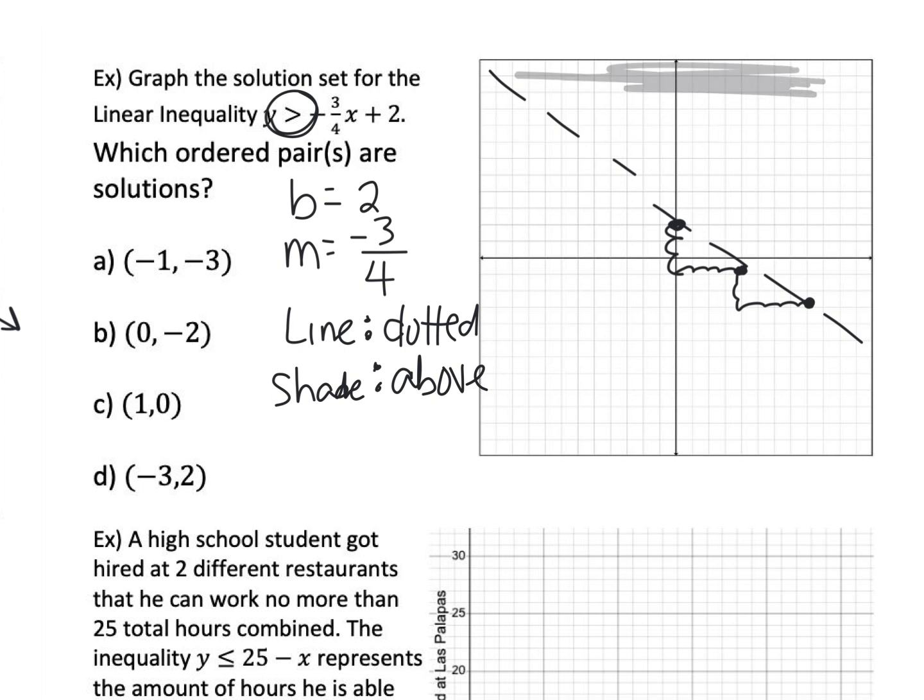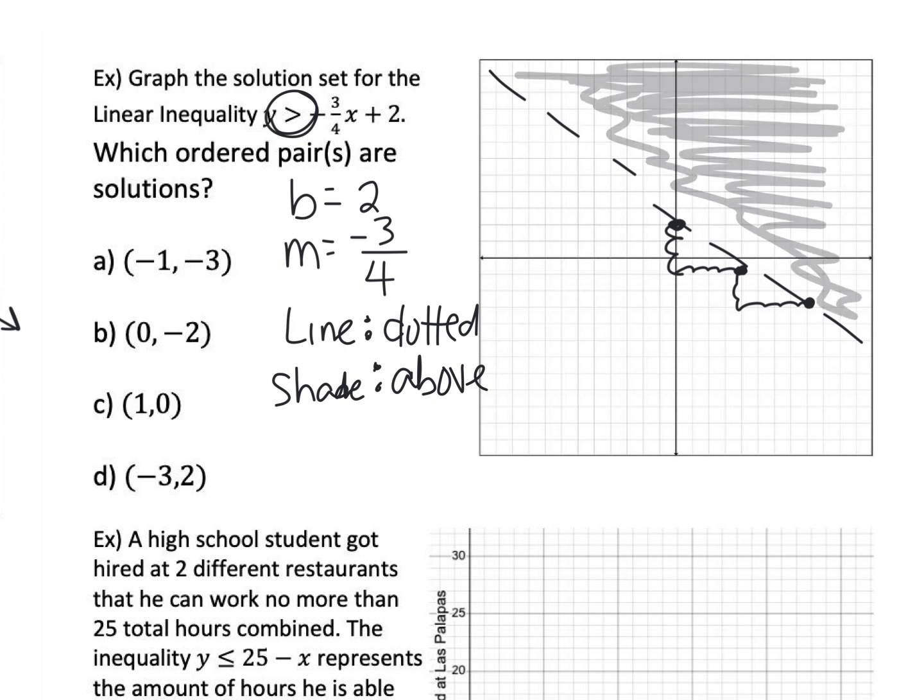It doesn't have to be super fancy or anything like that. Just to show that this is where all of our answers are. This is saying that every coordinate in that shaded region would make that inequality true. Okay? Now, just like when we had open and closed circles, and that determined if we were including that value as a solution, same thing with solid and dotted.